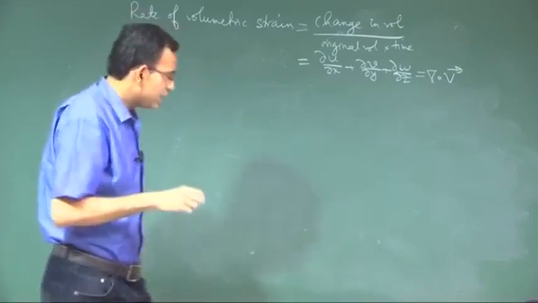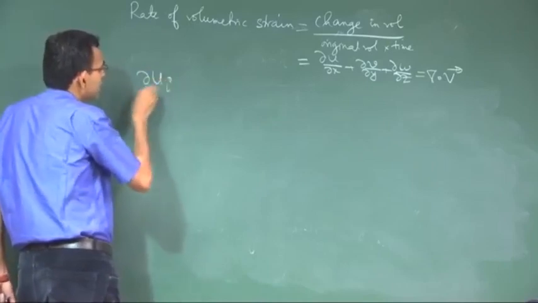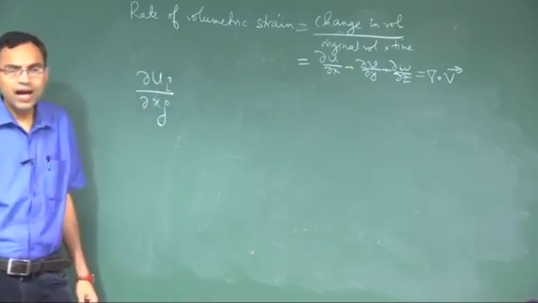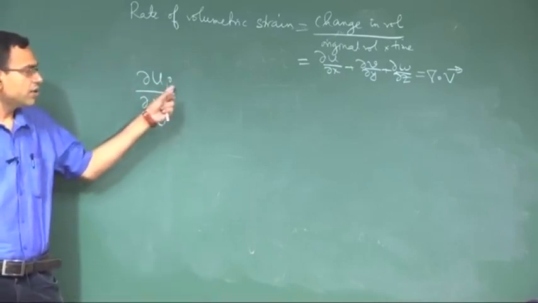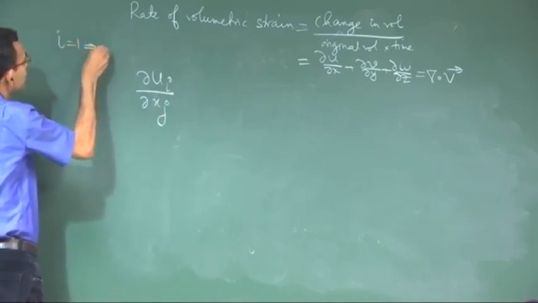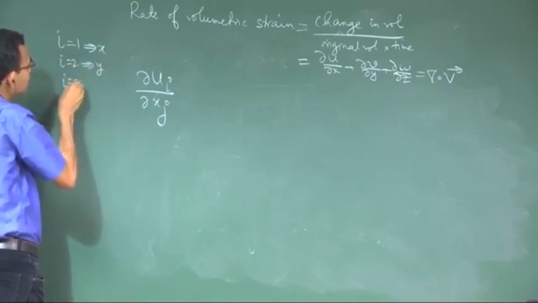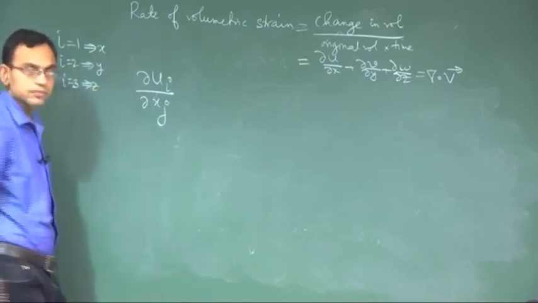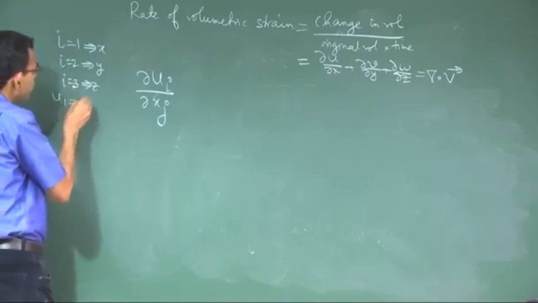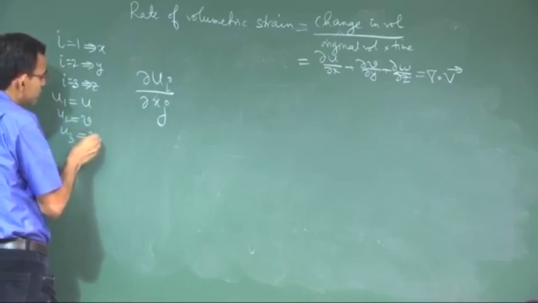So, the generalized rate of deformation can be expressed in this form. This is an index notation where i is equal to 1 means x, i is equal to 2 means y, and i is equal to 3 means z. So, u1 means u, u2 means v, and u3 means w.